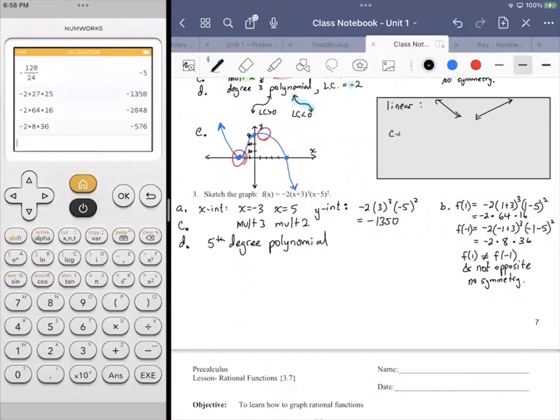Then the cubic we talked about starts high, ends low, or starts low, ends high. But then you get 5th degree, 7th, and so on. It's basically the same idea, except there's a little bit more wiggle along the way. So you start high and low, and maybe you have some movement going on like that. 1, 2, 3, 4.